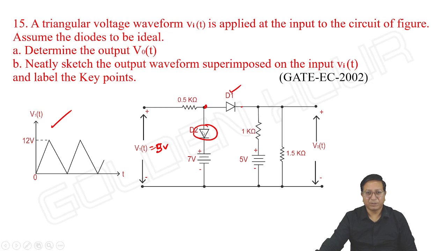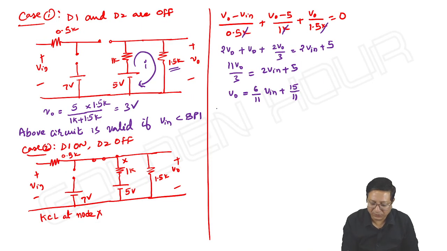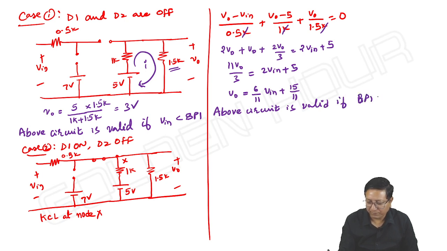So that is breakpoint 2. I can say the above circuit is valid if breakpoint 1 is less than V input, less than breakpoint 2. Okay. Next, third case.